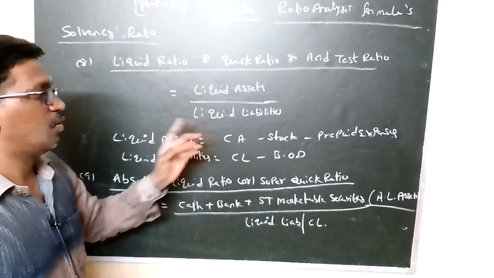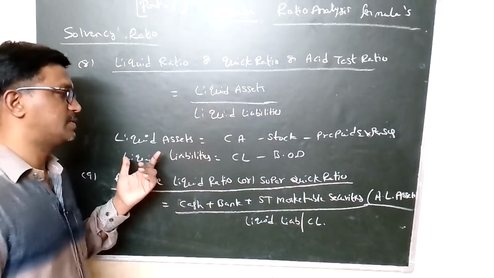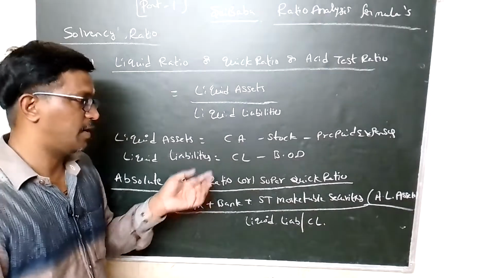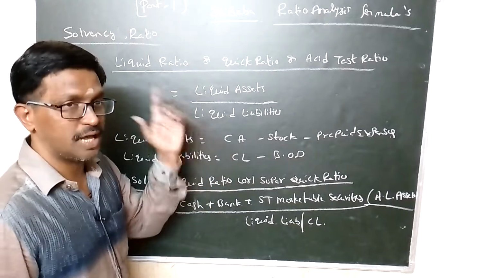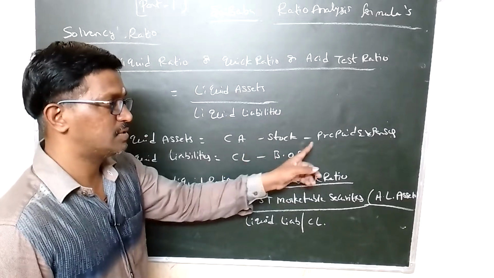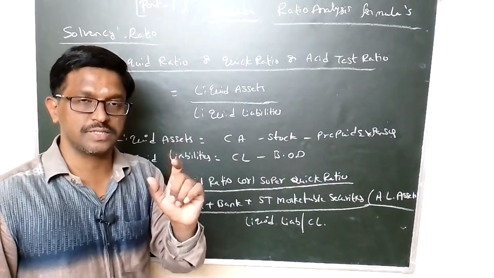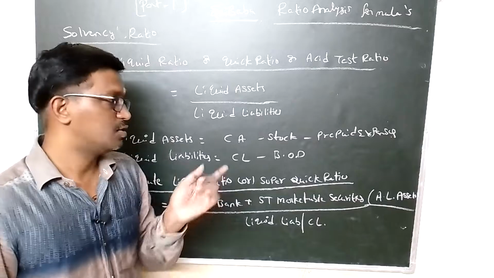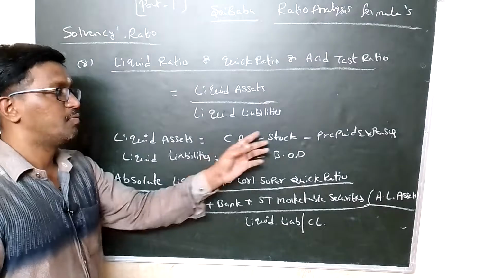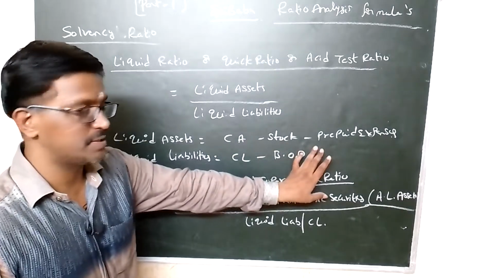Liquid assets means easily convertible into cash or in kind. So total current assets, already explained in the previous formula, minus stock, minus prepaid expense. Total current assets will be taken, less stock and prepaid expense deducted. Or two items are excluded from the current assets and the remaining assets will be added.